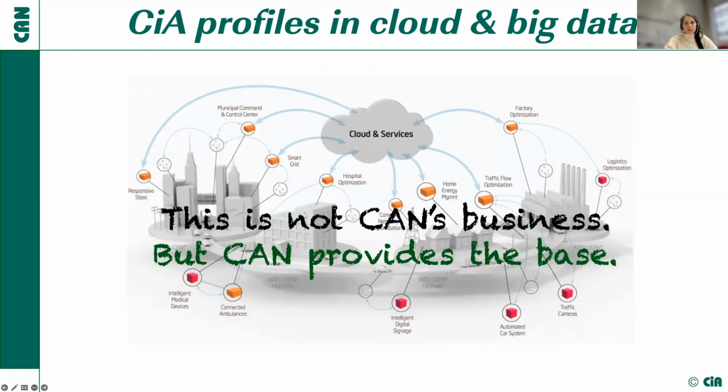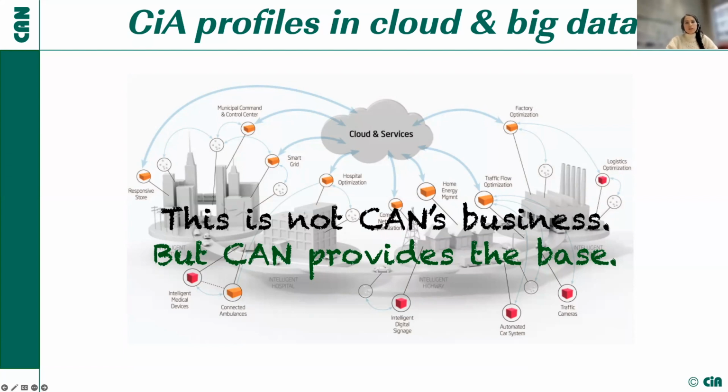Actually, CiA profiles assist in integrating embedded networks into cloud-based applications. Typically, a web application needs data that has been generated or is available in embedded and deeply embedded networks.